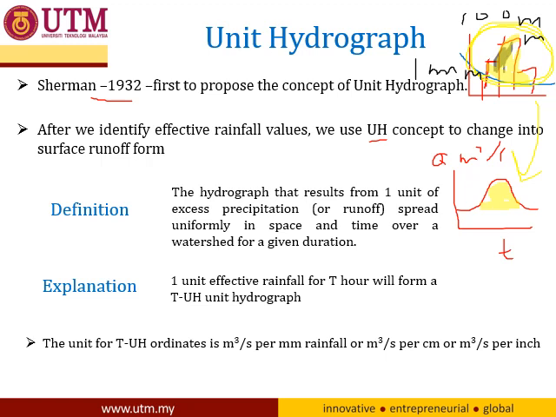So this unit hydrograph is a production of 1 unit of effective rainfall, or 1 unit of excess precipitation. Remember, excess precipitation and effective rainfall are the same thing, and they have the same volume as runoff.